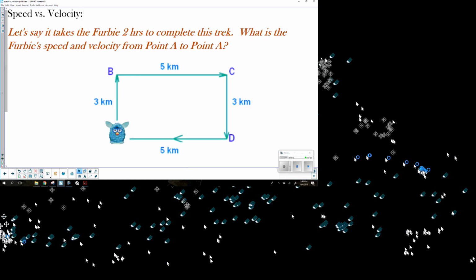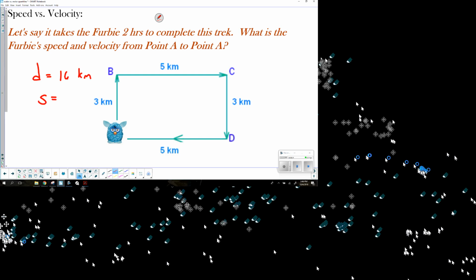So here's Mr. Furby again. And let's do the speed versus velocity for the Furby when the Furby moves all the way around his track. So we found that for distance, the distance was a total of 16 kilometers.